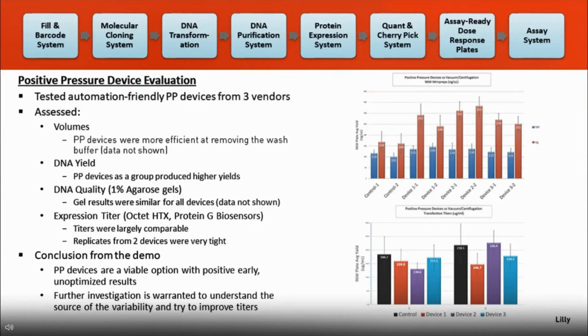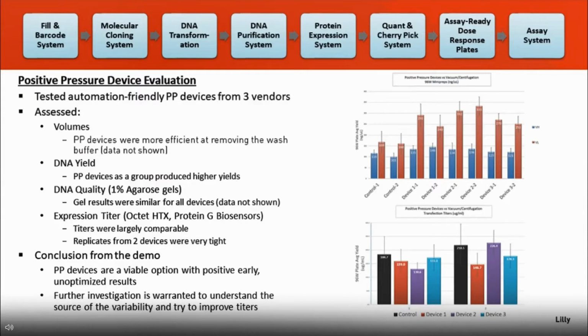And so to explain the higher concentration on here, what we think is happening is after you do your last wash step, when you are pulling that through a vacuum and then going to a centrifuge to spin out as much residual wash buffer as possible, there was, based on gravimetric results, more wash buffer left on the filter plate than when we were using the positive pressure devices.